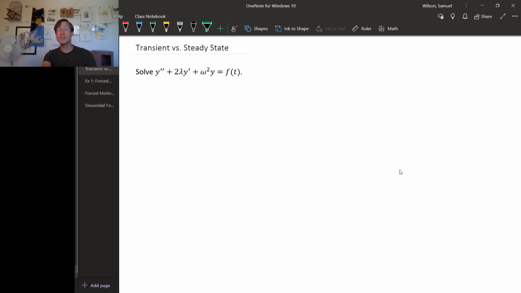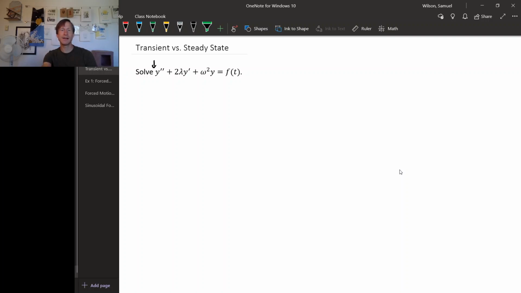I have this set up so that it represents any second order linear constant coefficient differential equation. Notice that there's no leading coefficient here. So if you start with an actual mass spring or circuit system, you'd want to divide by whatever this leading coefficient is if you wanted to match up with this template that I have here.